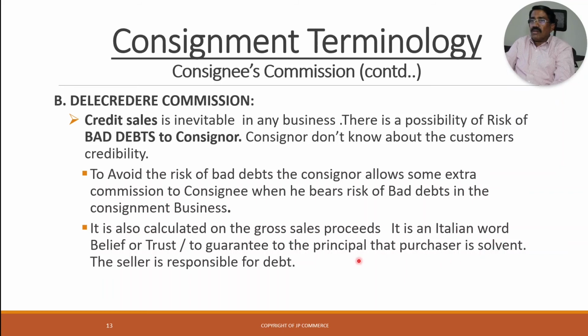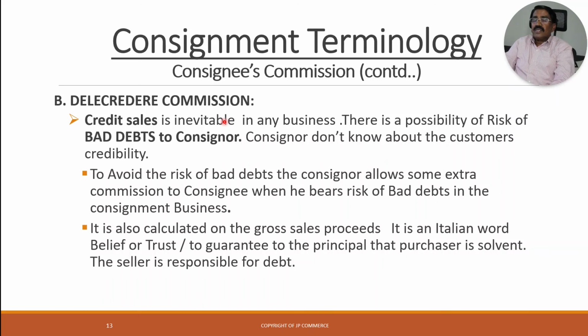Del credere is an Italian word, meaning belief or trust, to guarantee to the principal that the purchaser is solvent. The seller is responsible for the debt. Here the main intention behind the del credere commission is that the consignor is living in one place and the consignee is living in another place, where the customers are available.